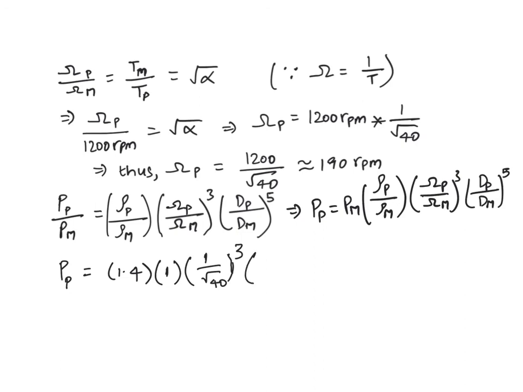Multiplied by dP over dM, the ratio of them is 40 whole raised to the power of 5.